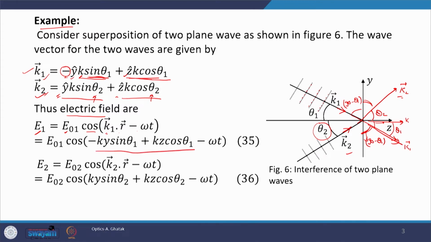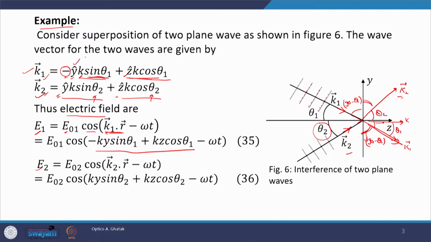Okay, this is the first expression. Now, similarly, we can write the expression for E2, and E2 is E02 cos of k2 dot r minus omega t here.